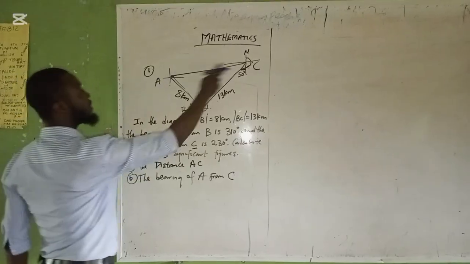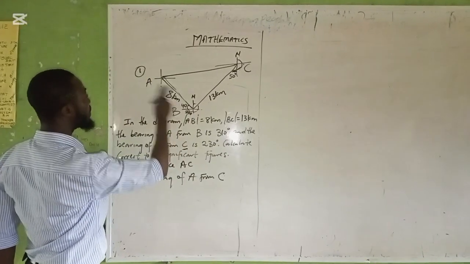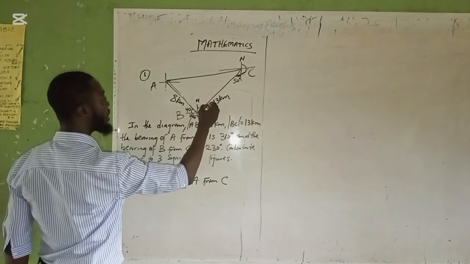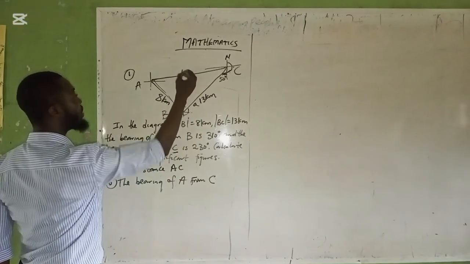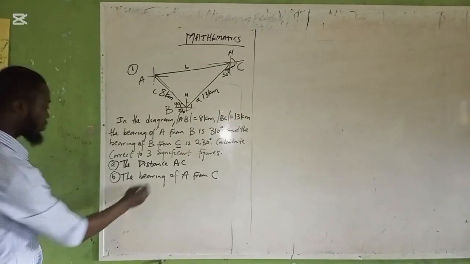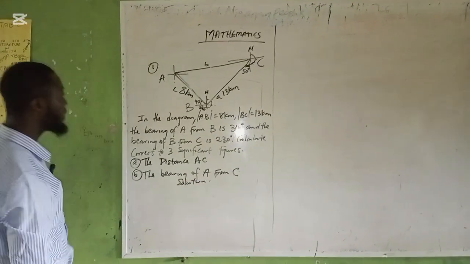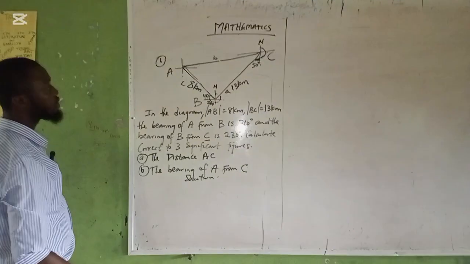So this is the AC. Let me represent it. If this place is A, then this will be B, and this place is C. Now for me to calculate the first question, which is the distance between A and C, I have to use the cosine rule.